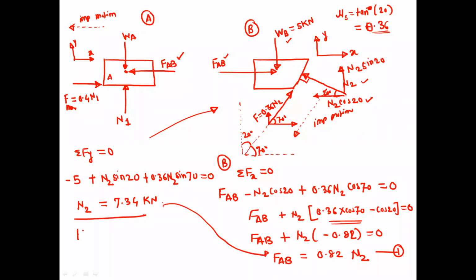So we will get the common force FAB, that is equal to 6.03 kilonewton. Okay, so check this calculation. Have you got the same answer?